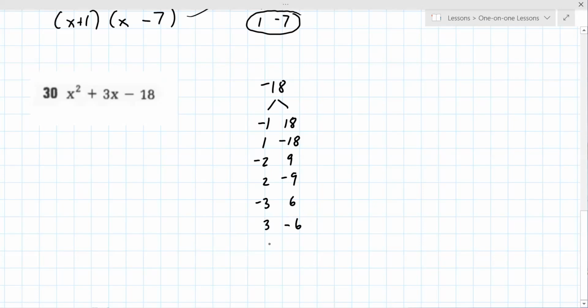Generally it's the ones towards the end or the middle and the beginning that are correct, but it really could be any of them. So writing them out, you know for sure that it's there if you see one that adds up to +3, and that's this case here. So that's x minus 3, x plus 6.